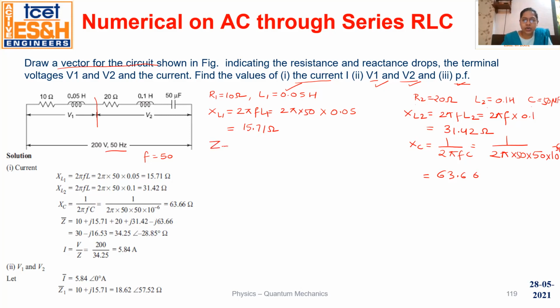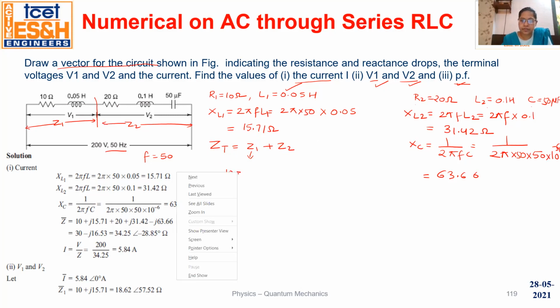Now total Z. Total Z is Z1 plus Z2. So here we write our equation for Z1 is 10 plus J 15.71.